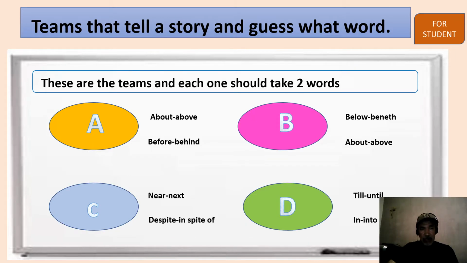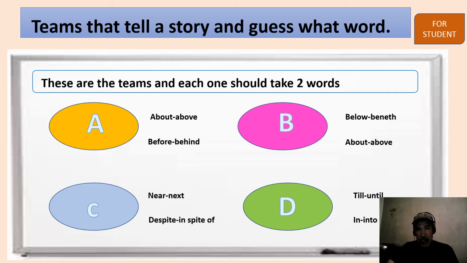Okay, everyone. These are the themes that tell a story and guess what word. Here, these are the themes and each one should take 2 words. Theme A will take the words about with above, before with behind.